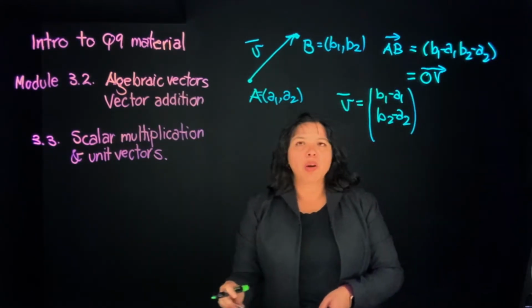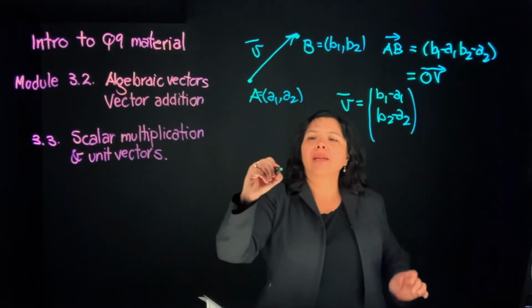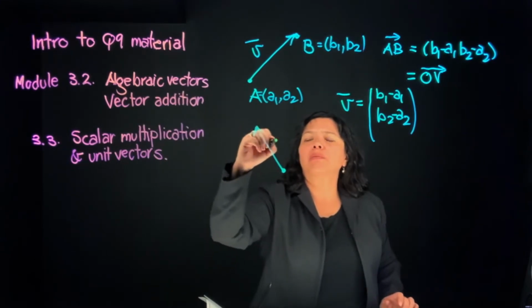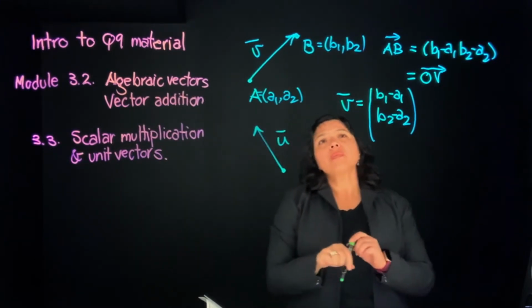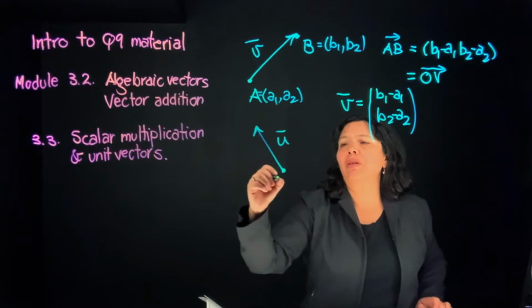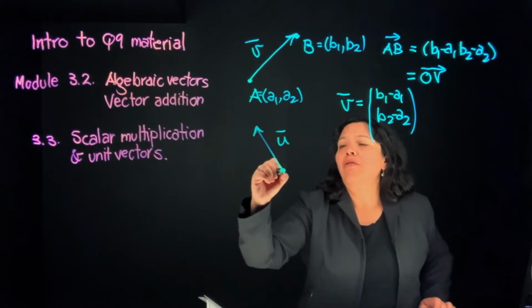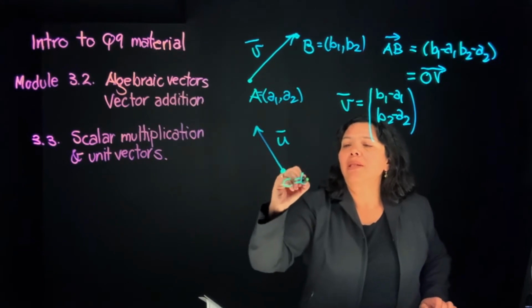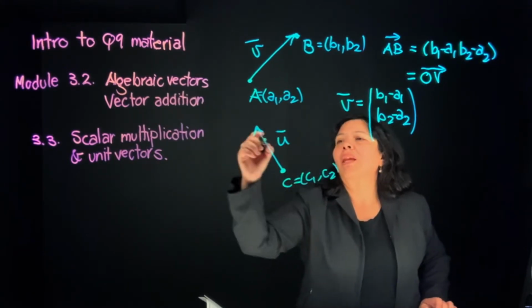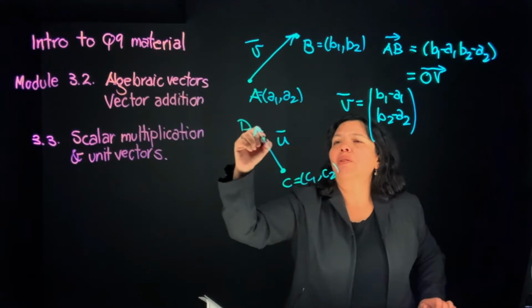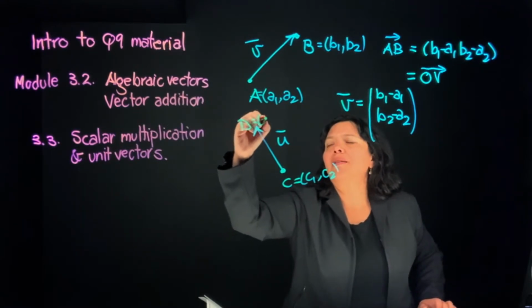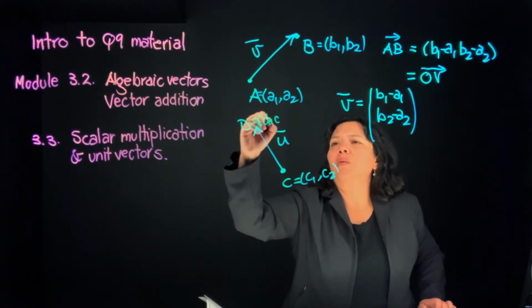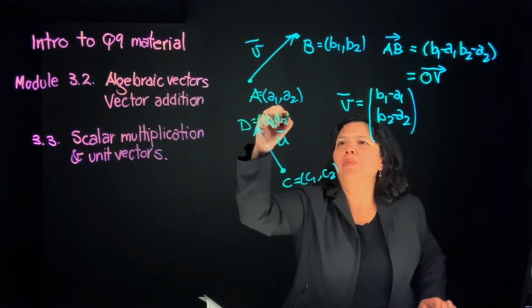So suppose that now I have another vector, say my vector U, and I have a similar situation. So U starts at, say, the point C, which is C1, C2. And the endpoint for U is, say, D1, D2.